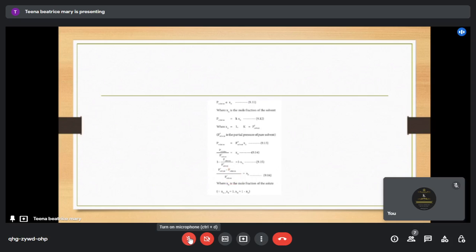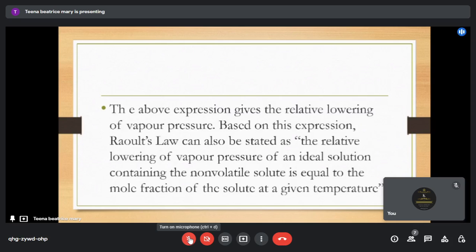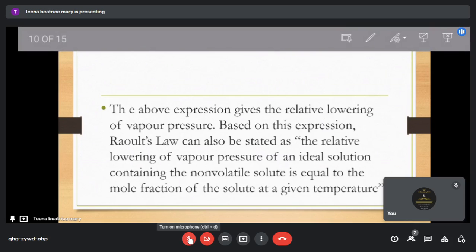Based on this expression, Raoult's law can also be stated as: the relative lowering of vapor pressure of an ideal solution containing a non-volatile solute is equal to the mole fraction of the solute at a given temperature.